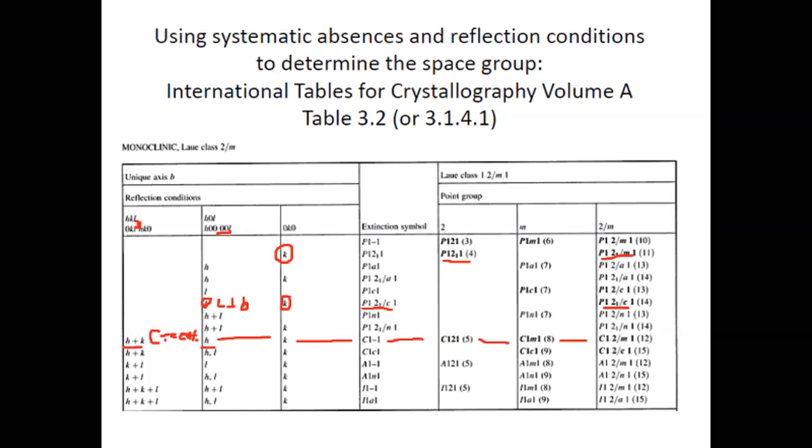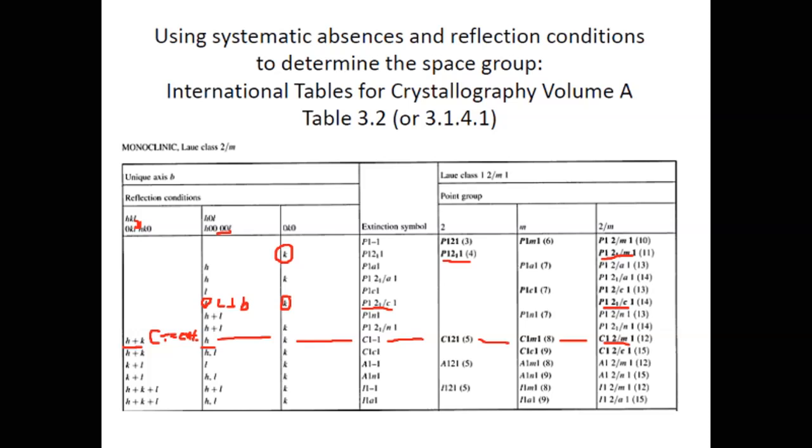But you'll see here that for C2 upon M, we shouldn't observe any type of screw axis or glide plane. What happens is that since H plus K odd is absent, when H is odd and K is 0, the sum is going to be an odd number, so they're also going to be absent.